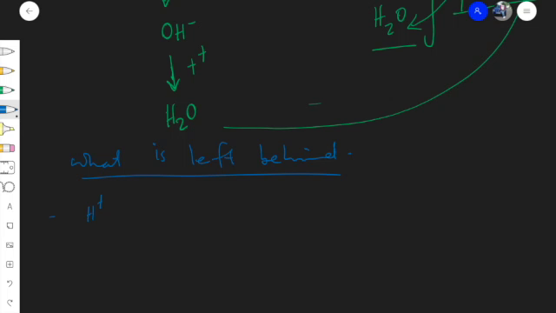And that hydrogen, that proton, is going to react with either an OH ion or an O2 ion, an oxide ion, and in both cases you are going to form water. So this has been accounted for.